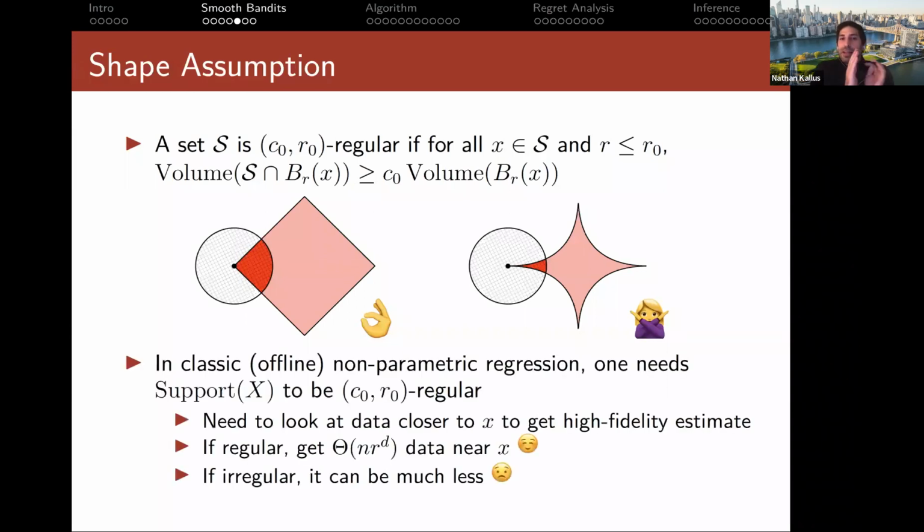So in this classic offline non-parametric regression problem, if we're in this setting where we're regular, we know exactly how much data is going to be near X. It's going to be like n times r to the d, because that's the volume. If we're in this irregular setting, then we don't really know how much data we're going to have near all of these points, and we're not going to be able to achieve minimax rates.